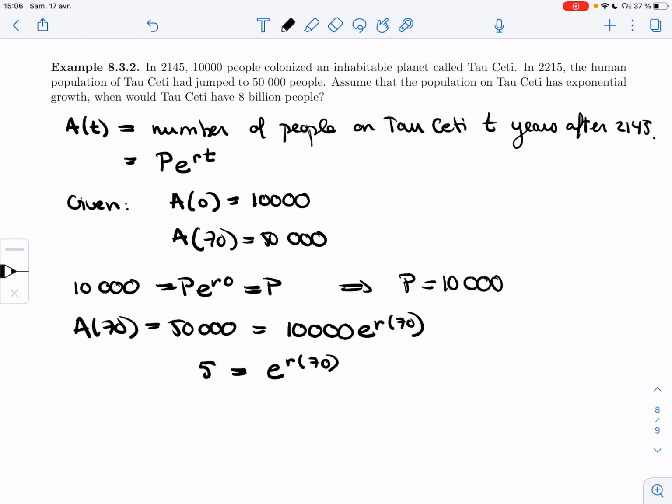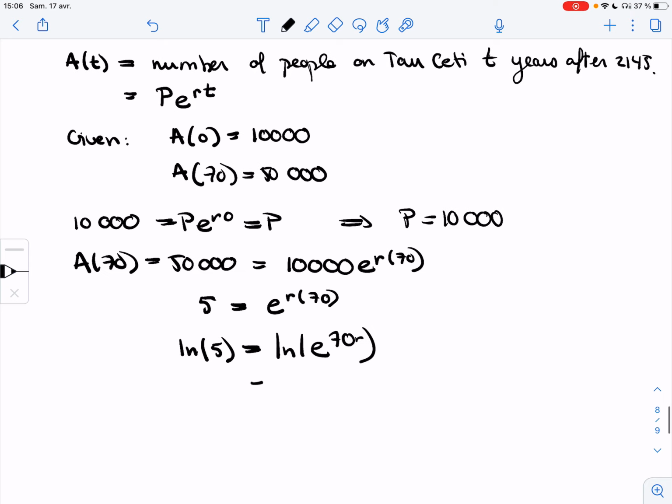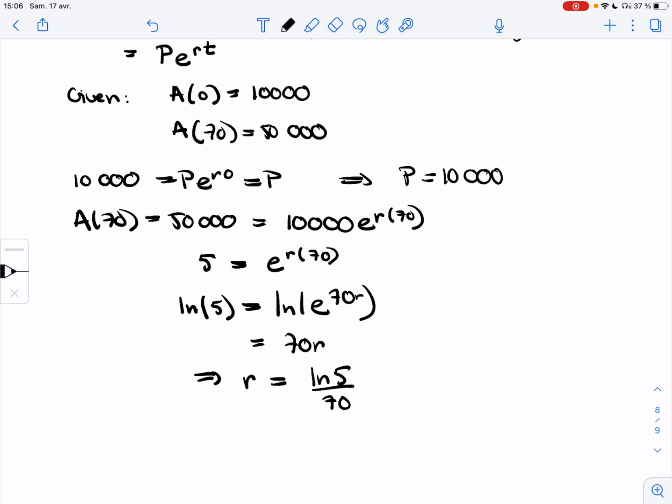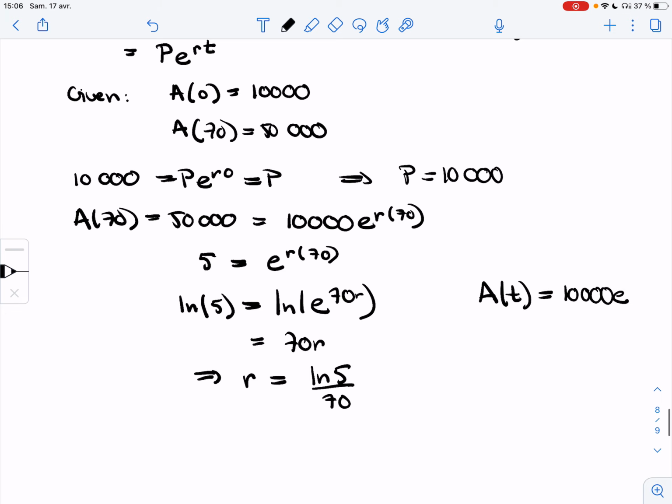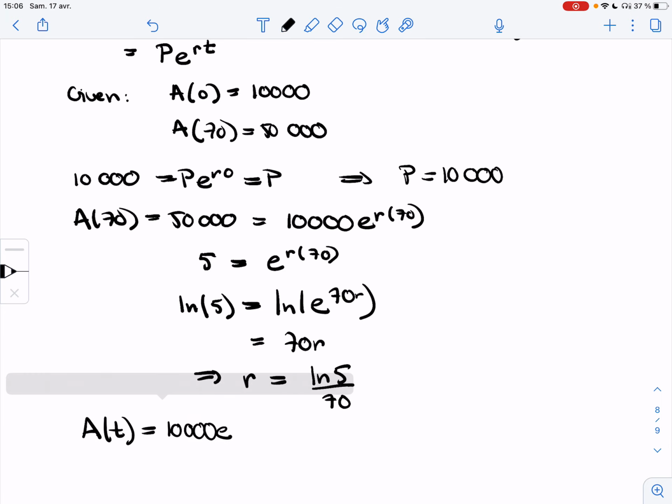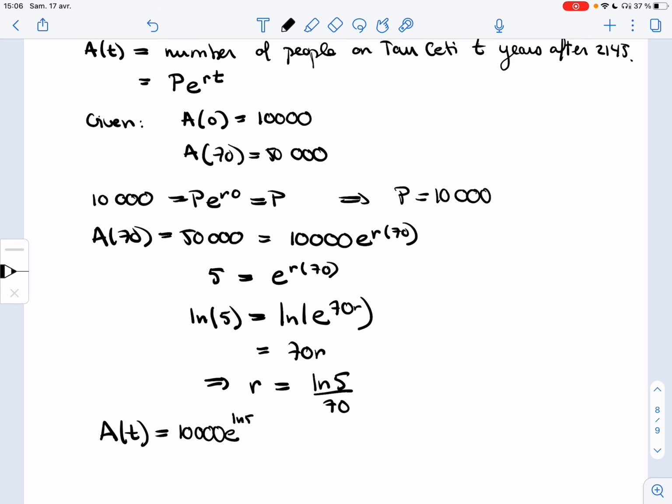Then I'm going to apply log to both sides. e and log are inverse functions, so they cancel. And I'll get that r is ln of 5 over 70. All right, so we found P and we found r. So what we actually showed was that A of t is 10,000 e to the ln of 5 divided by 70 times t.